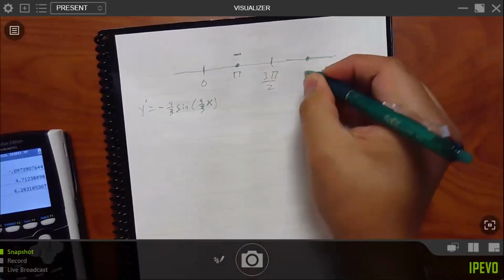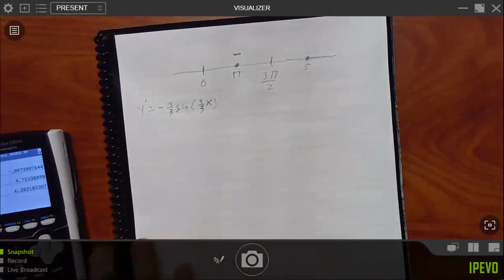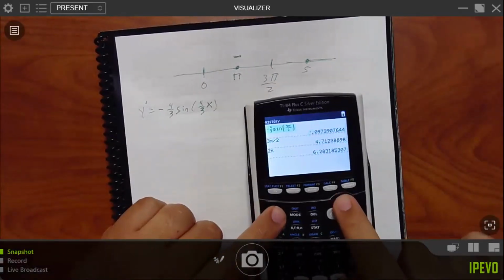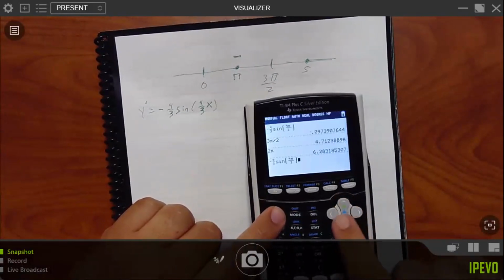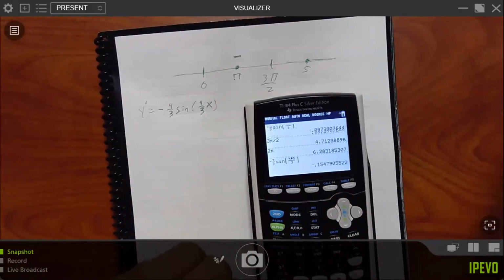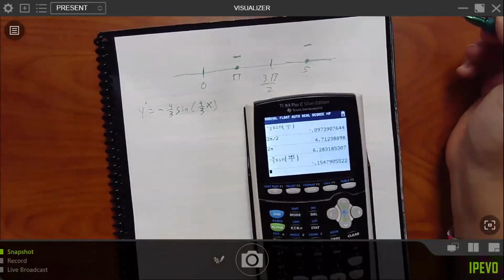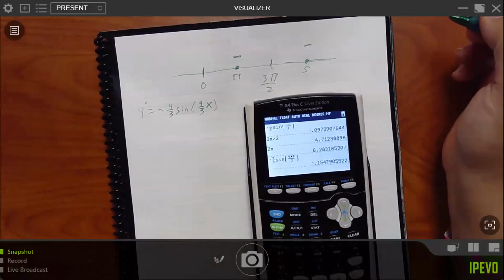Over here, I'm going to choose the number 5, just to be lazy. Because then I can come up here and replace that pi with the 5. So we're negative. Interesting. So they are both negative.